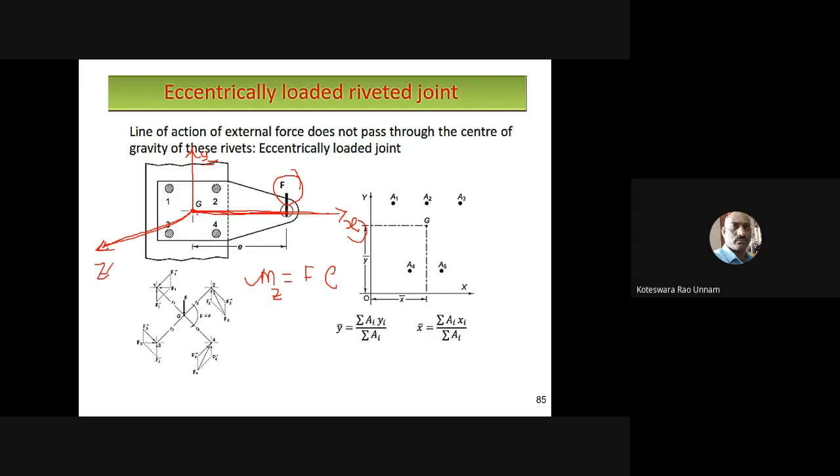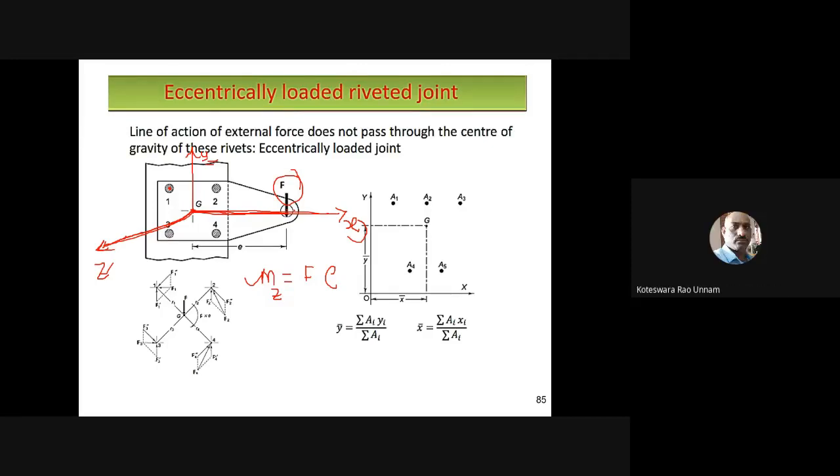Now I want to know whether this z-axis is along the longitudinal axis of the rivet or perpendicular to it. Tell me, is the z-axis along the axis of the rivet or perpendicular to the axis of the rivet? Along the axis, sir.